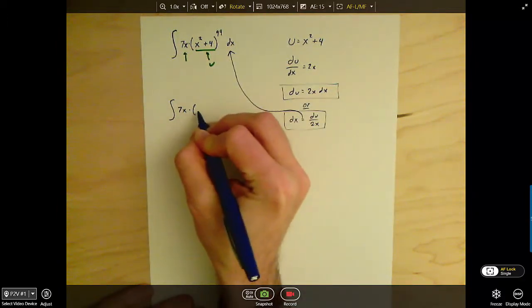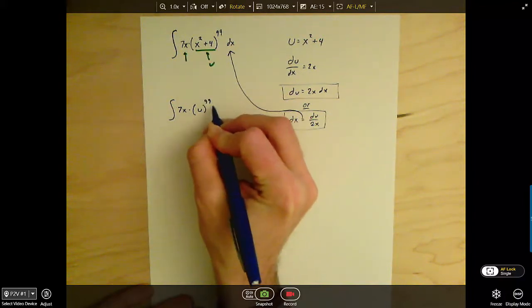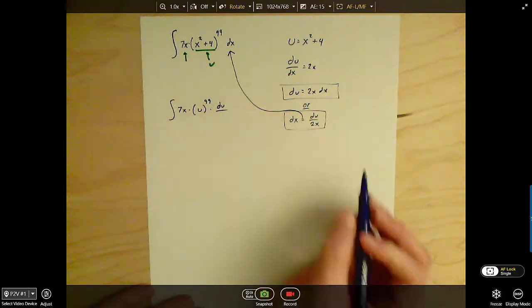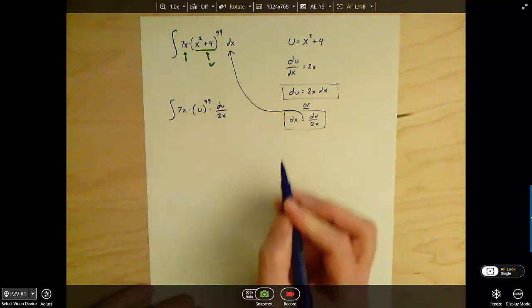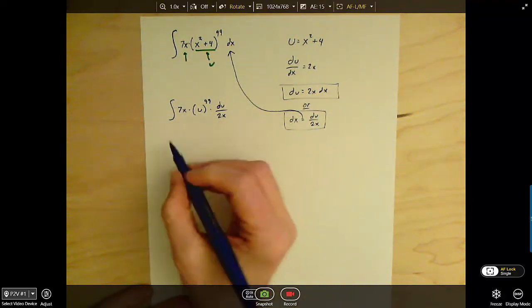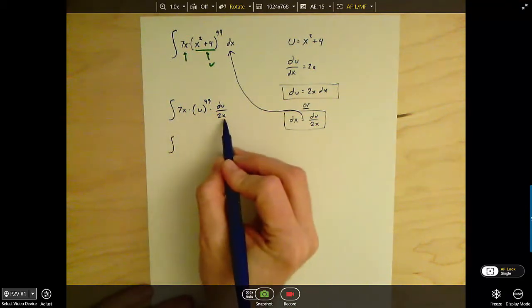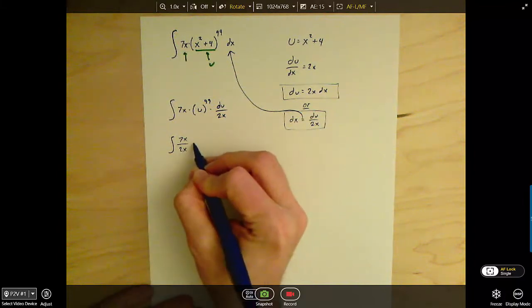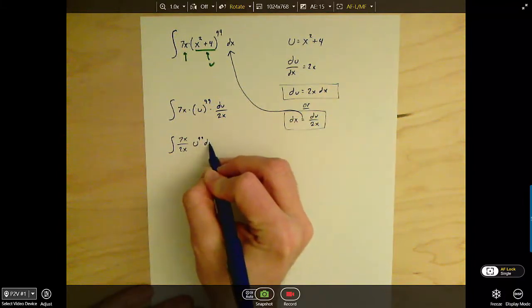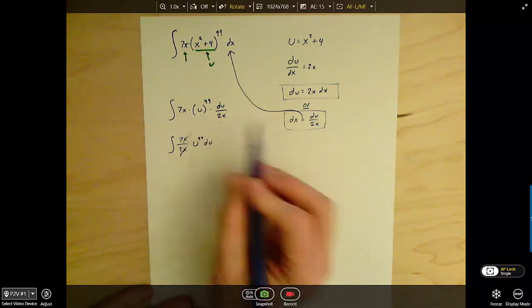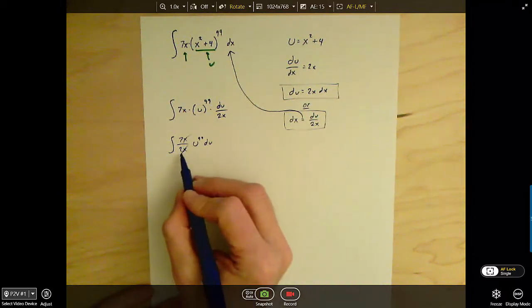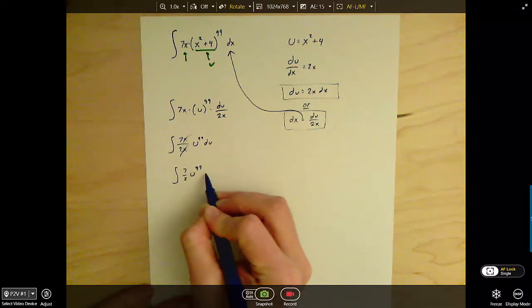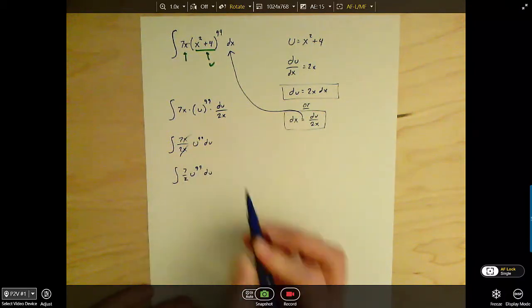I've got 7x times u to the 99 times du divided by 2x. Well, look what happens. So 7x over 2x, u to the 99 du. So the x's now have canceled, and I've got 7 halves u to the 99th du.